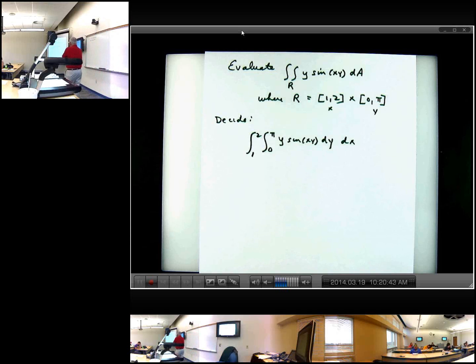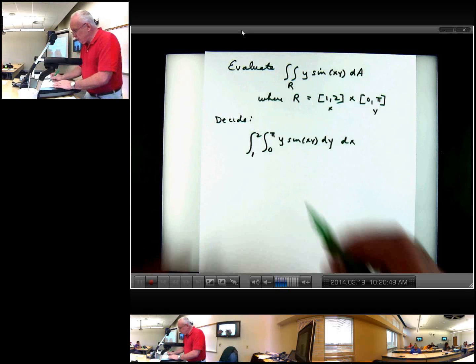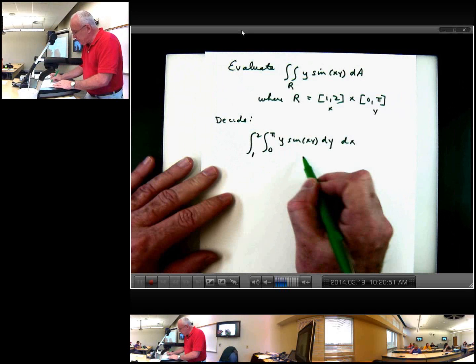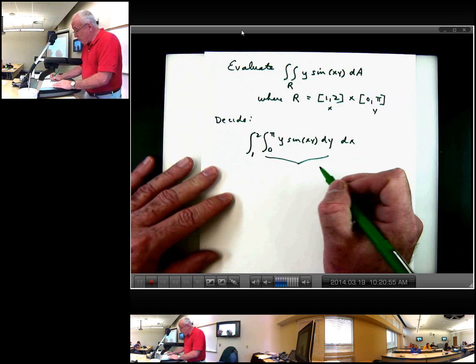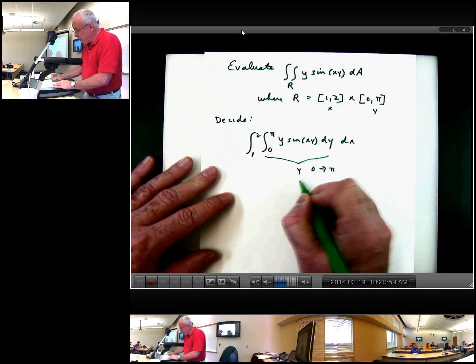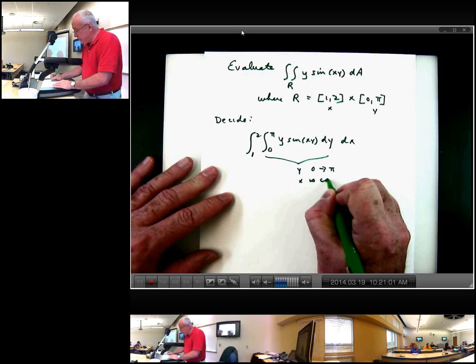All right. Now we can do this. However, look what we've got here in our integrand. Remember, right inside here, y is the variable. Y goes from 0 to pi, and x is treated as a constant.